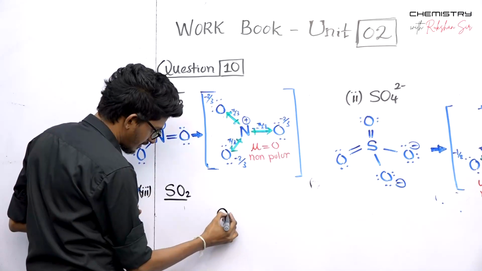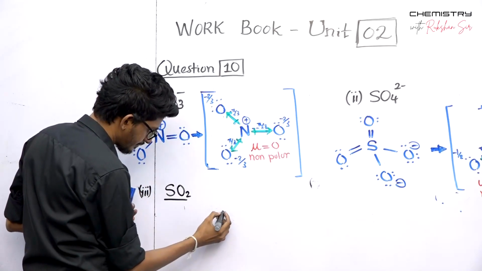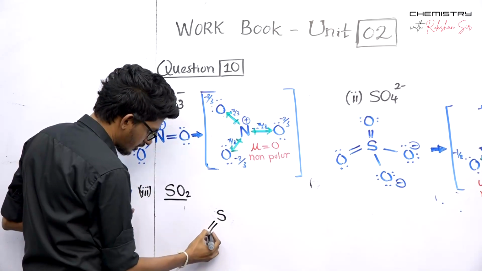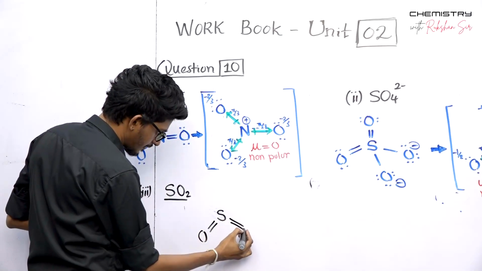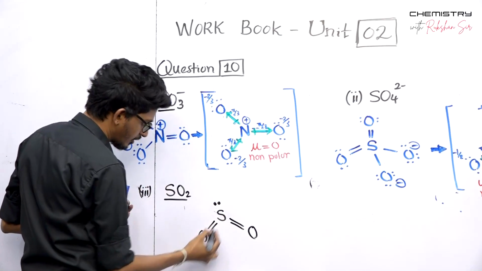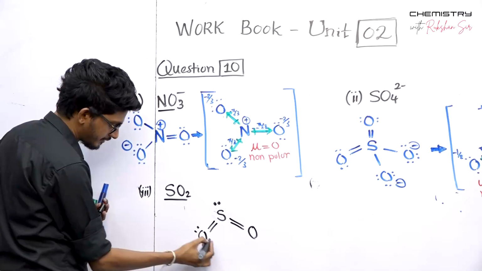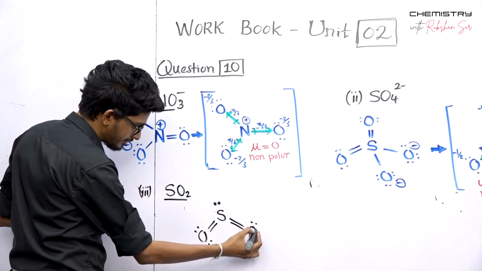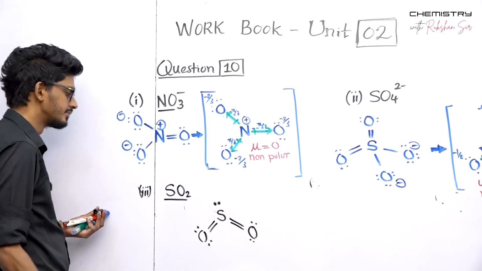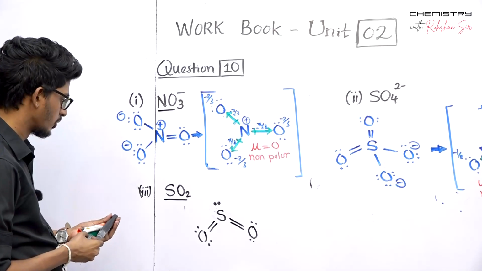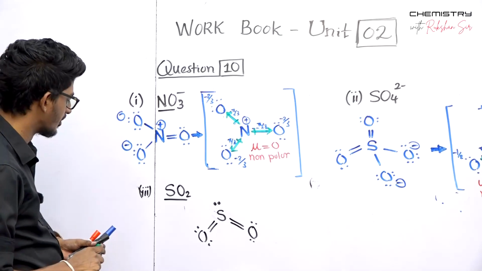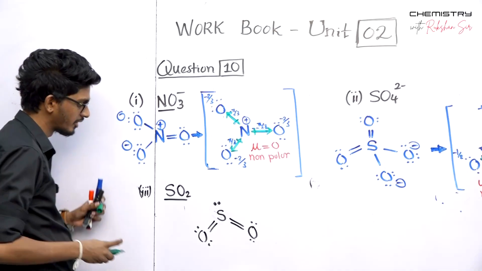SO2 would look like this. If you have to draw the SO2 with the correct shape, it will look like this. Then we should mark the dipole moments to comment on the polarity of the molecule, right?